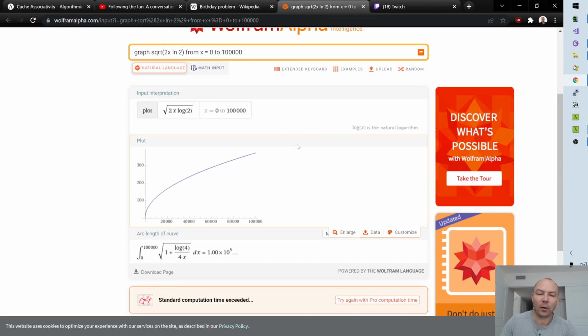But here, square root of 2x ln 2 is, for a given table size, which I've graphed along the x-axis, up to 100,000. You might have a table much bigger than 100,000, it's a modern computer. On the y-axis is how many insertions you need to get a 50% chance of a collision, I think is what that equation is.